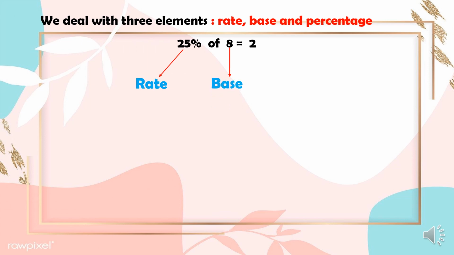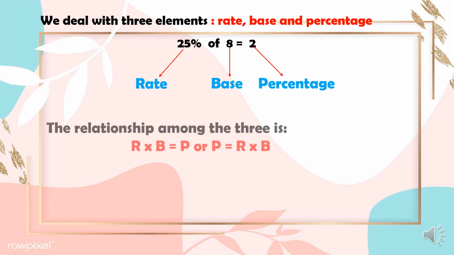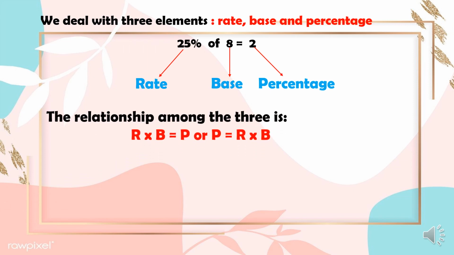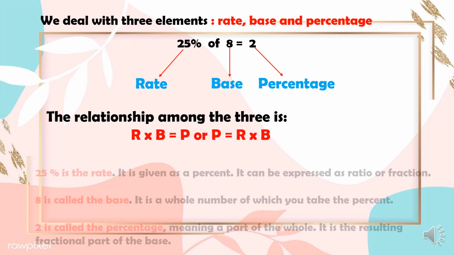That is the base. And 2 is now the percentage. So the relationship among the 3 is rate times base equals percentage, or percentage is equals to rate times base.